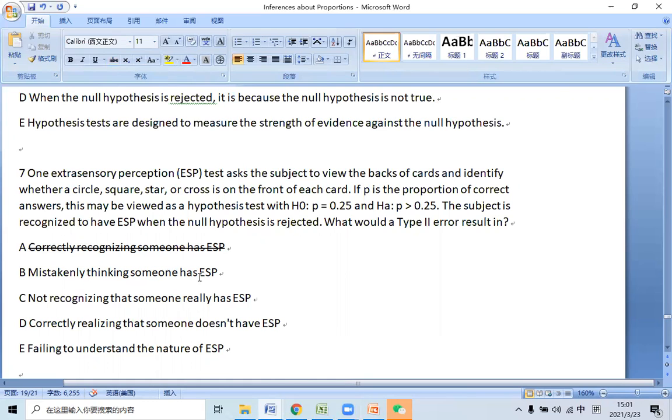You think somebody has a special ability. Yeah, this is rejecting the null hypothesis. The null hypothesis says, no, you are guessing. This is no special ability, no ESP. This is just guessing. And this is a decision. This is a wrong decision.